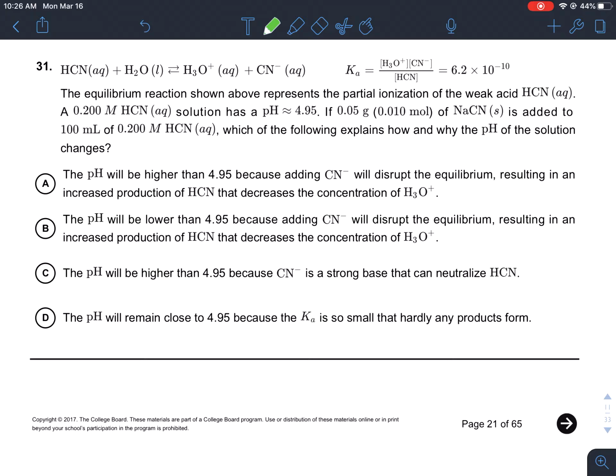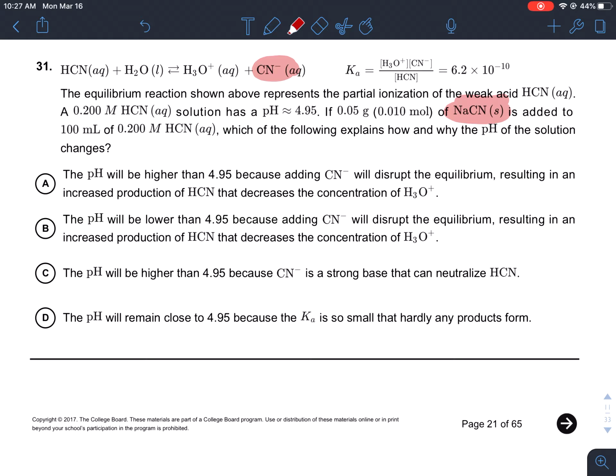Which of the following explains why and how the pH of the solution changes? If we add some CN minus, we are adding some buffer here, yeah? And if we're adding some of that buffer, then it's going to increase our pH, right?